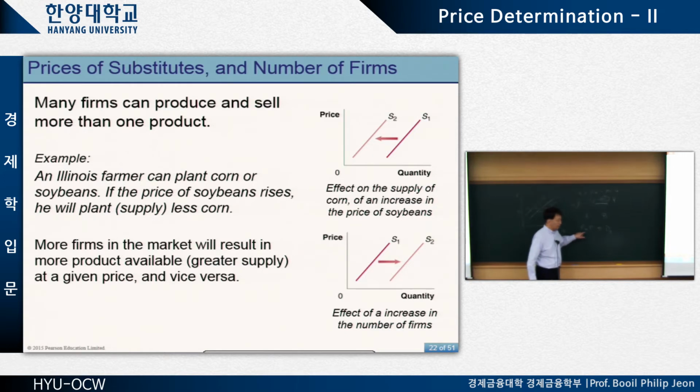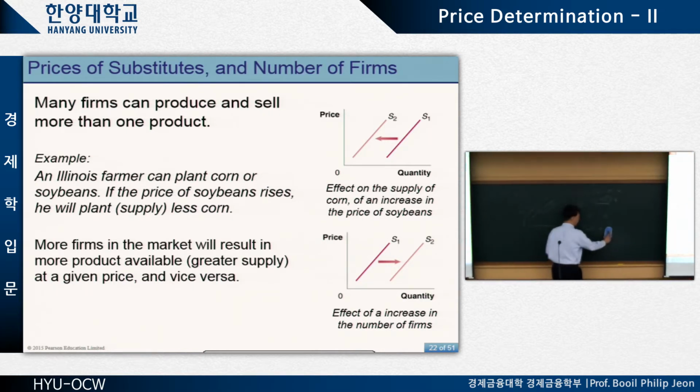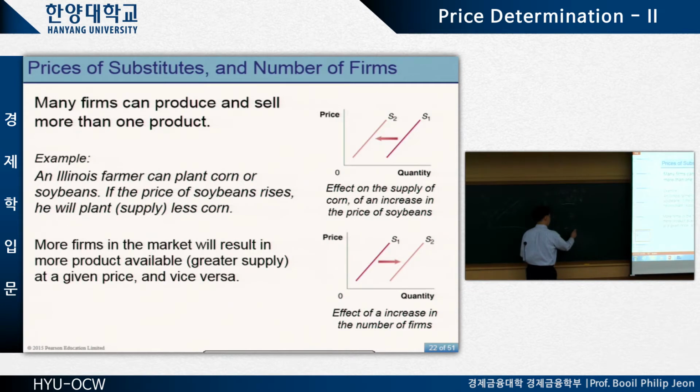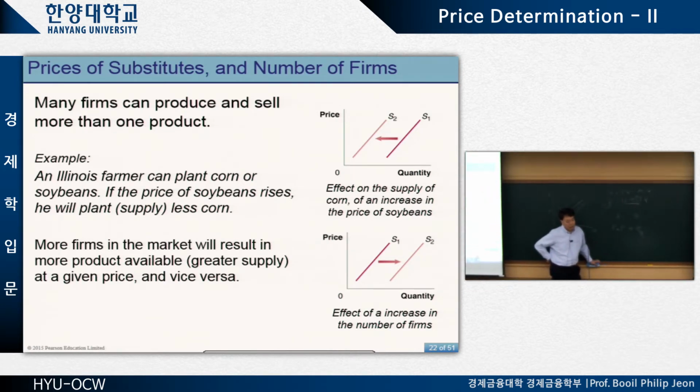Because apparently the producers will want to produce more of A, because now the price of A is higher, which makes A more profitable, right? So the supply for the product B will decrease. Okay?